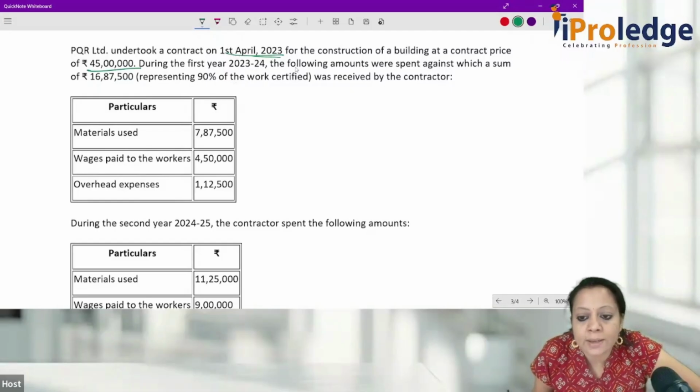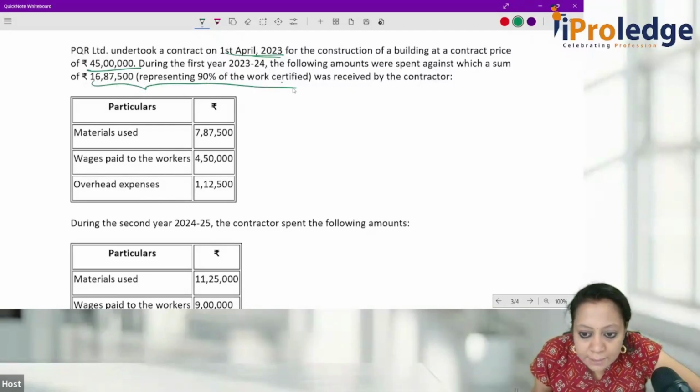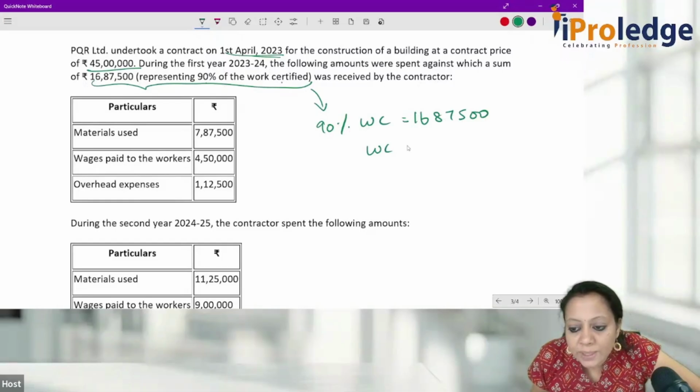During the first year, the following amounts were spent against a sum of 16,87,500, representing 90% of work certified. What is the meaning of this part? 90% of work certified is equal to 16,87,500. That means work certified is equal to 16,87,500 divided by 90%.